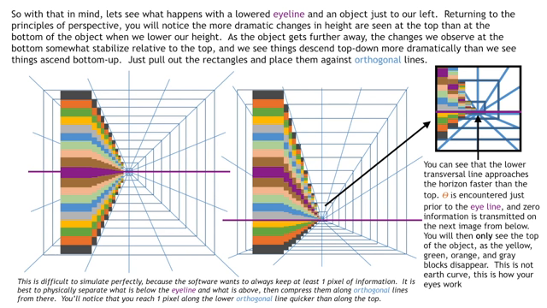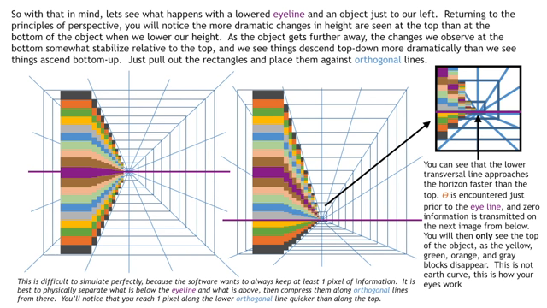So theta is encountered just prior to the eye line, and zero information is transmitted on the next image from below. So essentially it got cut off. You'll then only see the top continue to descend top down. So the yellow, green, orange, and gray blocks that were below the purple horizon line to start out with, all those essentially disappeared.